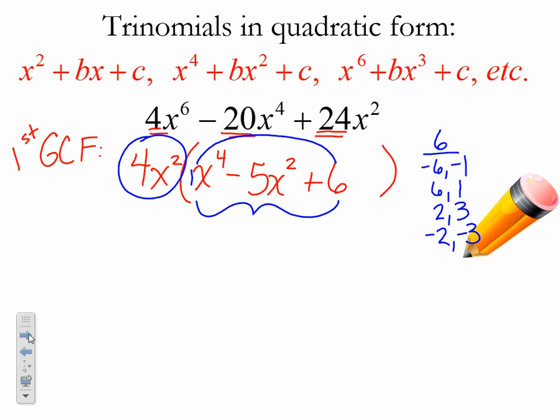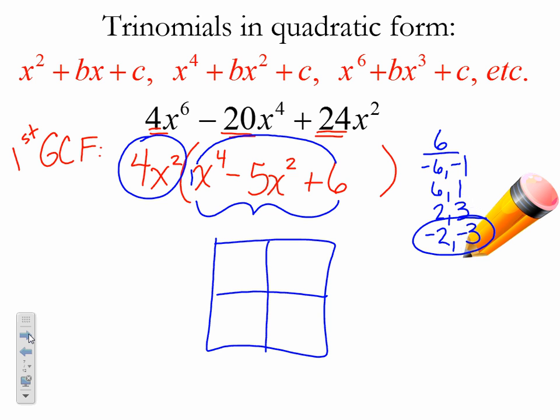We're looking for the ones that add to make negative 5. Once I decide which pair I'm going to use, then only this trinomial goes in the 4 squares. X to the 4th, minus 2x, minus 3x. I'm taking those from our list over there. And then the 6 was the C value.